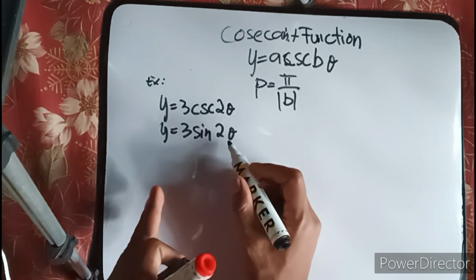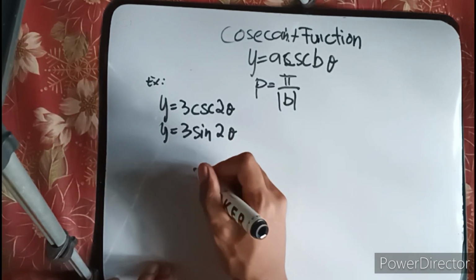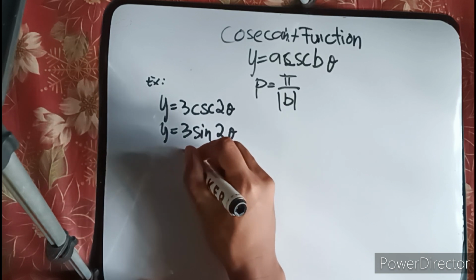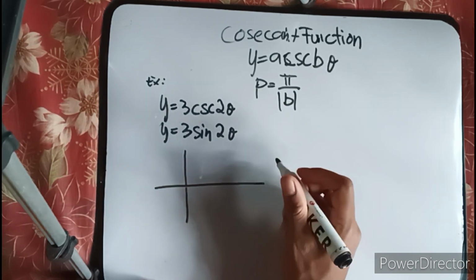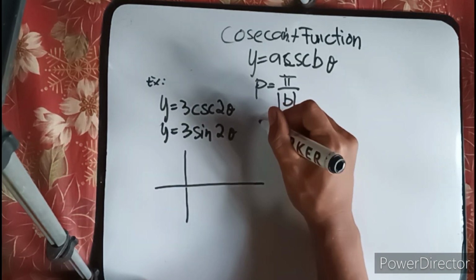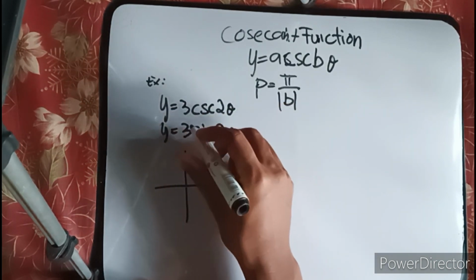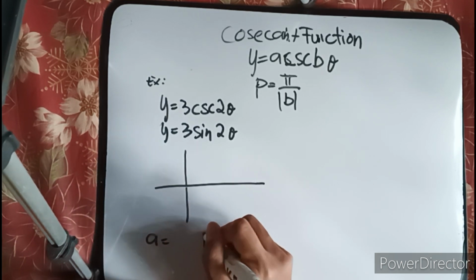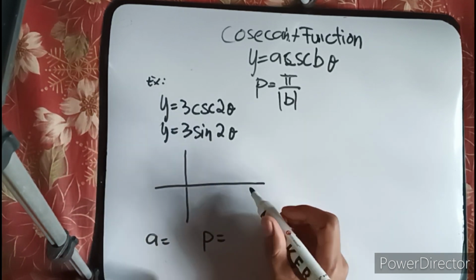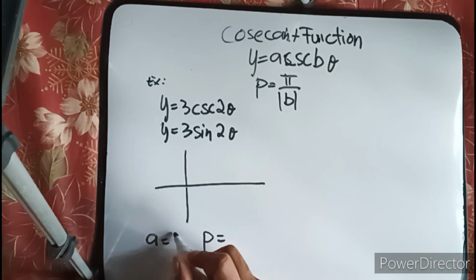So let's find the amplitude and period of the sine function. The amplitude, our A, is 3.